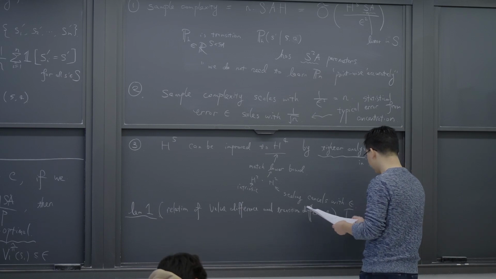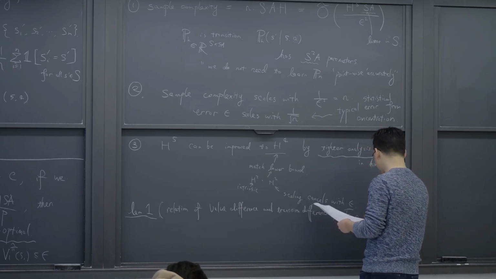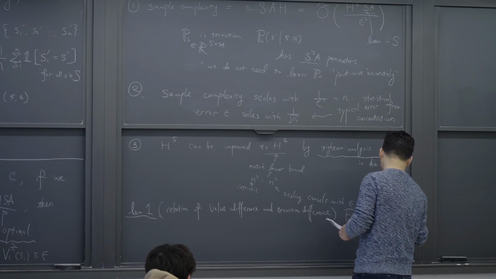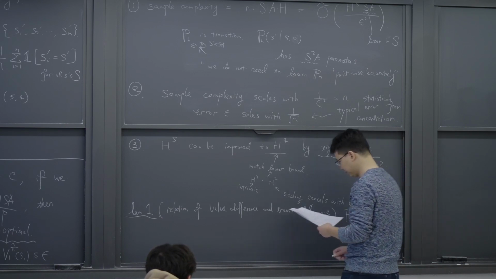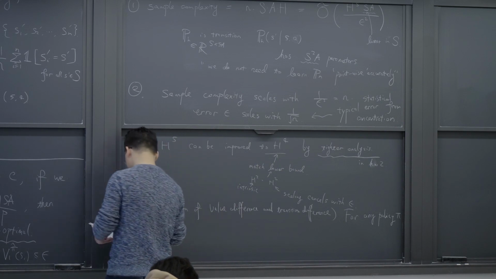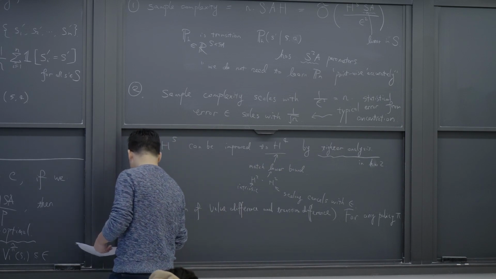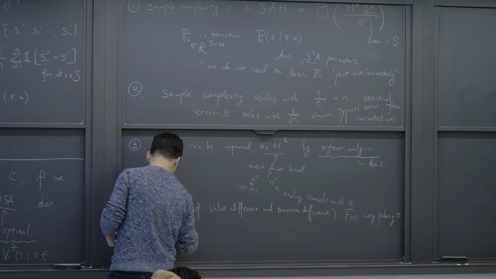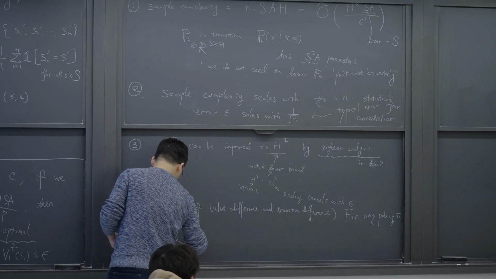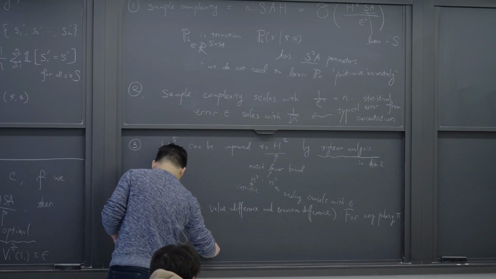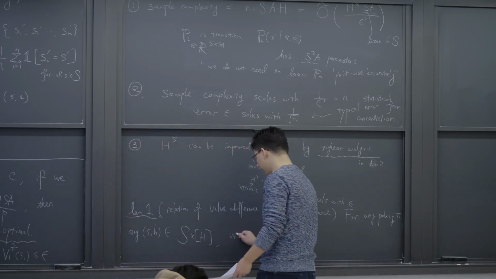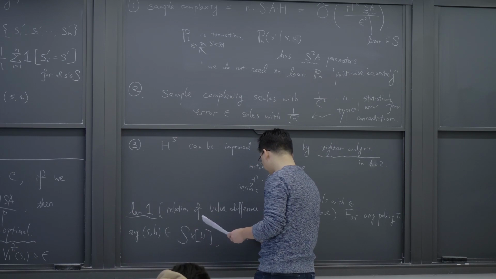So the lemma states as follows: for any policy pi, and any state-horizon pair (s, h) in S and H, the following equation holds.